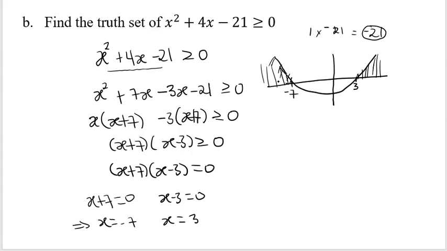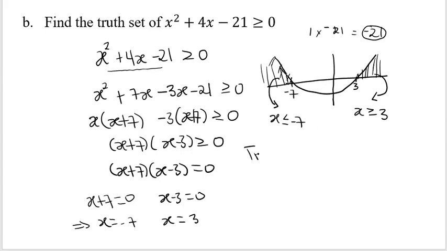So shading from negative 7 to negative infinity gives us x less than or equal to negative 7. We can shade from this point up to positive infinity, and this gives us x greater than or equal to positive 3. This range of values makes the function defined, therefore being the truth set.